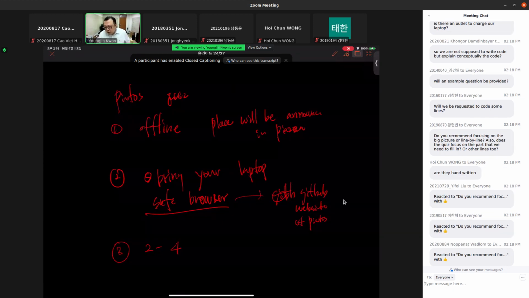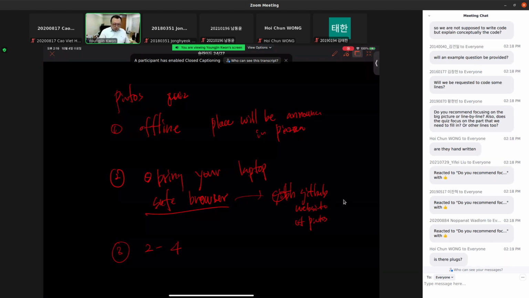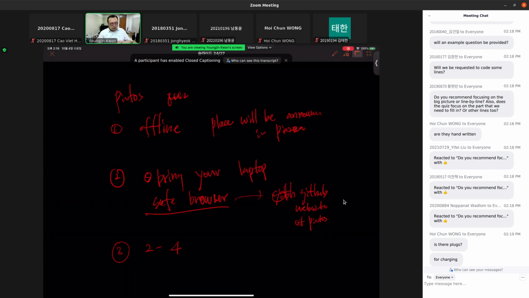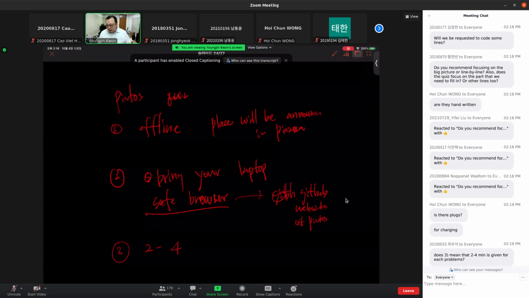Are we supposed to write code, or explain conceptually? No, we are not. The questions are about understanding. We are not giving a programming quiz. You can look at and understand code. There are several types of questions, but I don't want to give you a specific type of exam question because then you become too fixed. So there will be various tests.